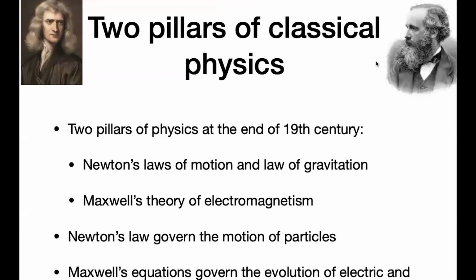Newton's law governed the motion of, for example, heavenly bodies. So you have an equation that says how these planets or stars move in space according to Newton's equation, which gives us the acceleration as a function of force, also determine the force acting on each particle.